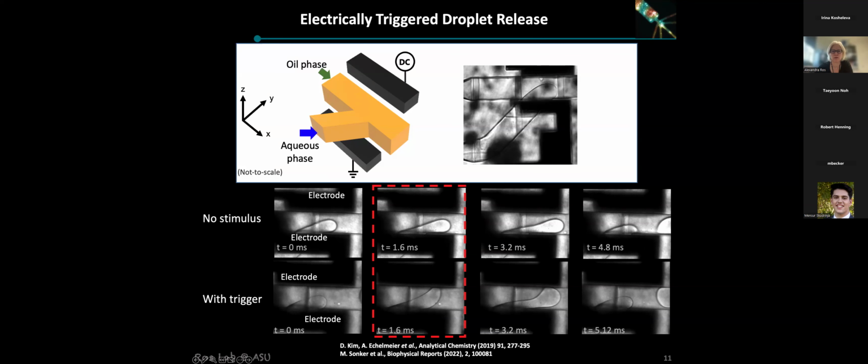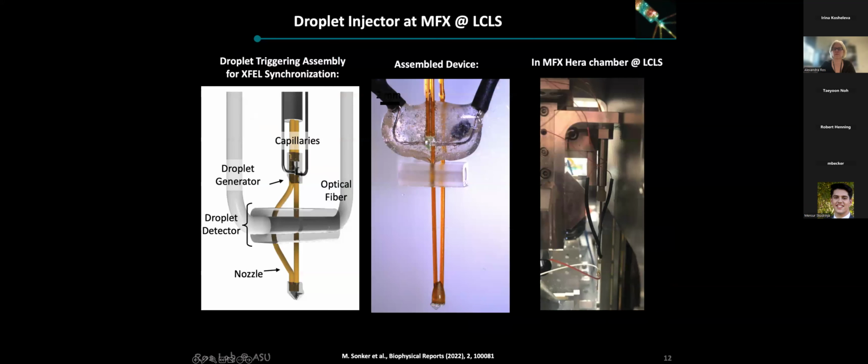Let's advance. Okay, here we go. This is showing the assembly of a so-called capillary coupled version with all three elements included. So we have a droplet generator that we can now electrically stimulate. The droplets are generated in this 3D printed piece and then connected to a capillary where they can flow downstream to the nozzle.